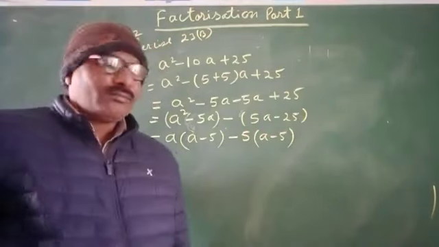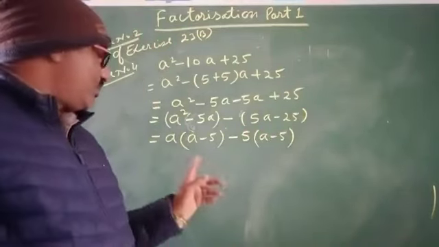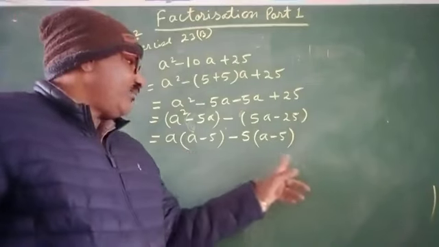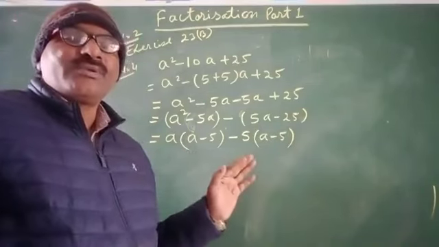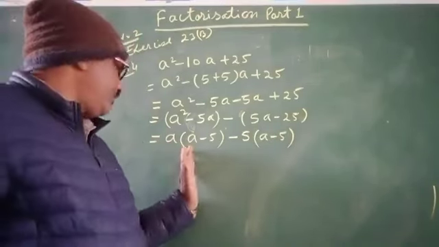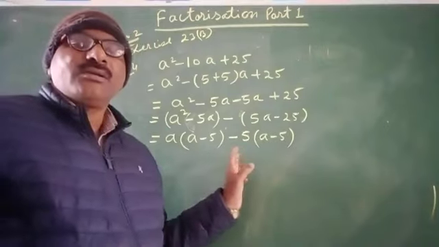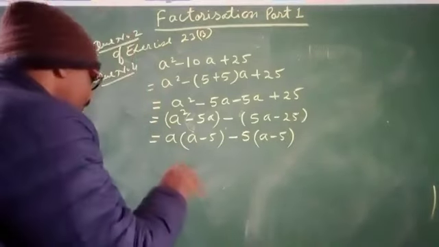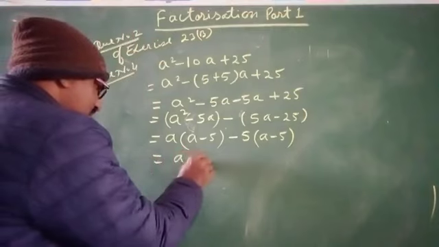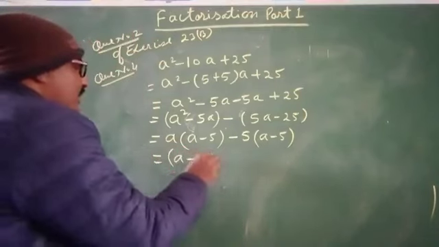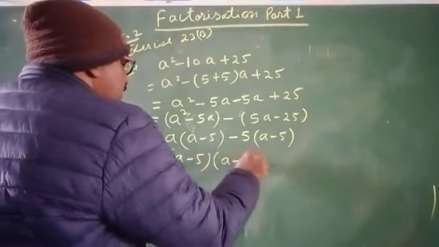So here are two terms, first and second. In these two terms we see that a minus 5 is common. So I take a minus 5 common, then here will be a and here will be minus 5.